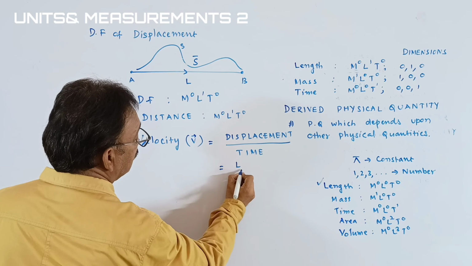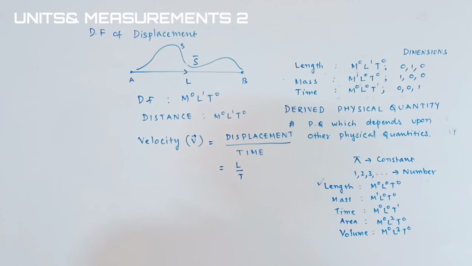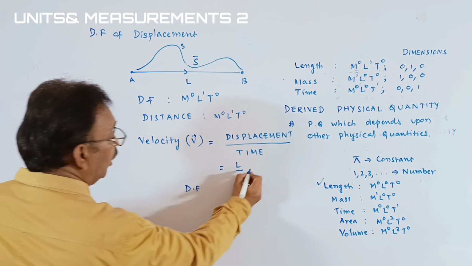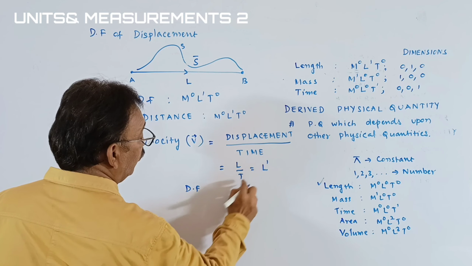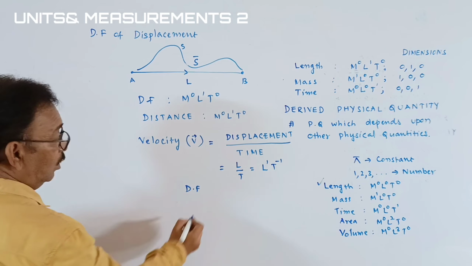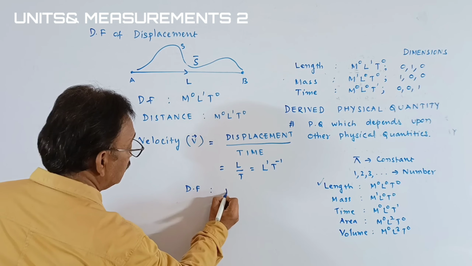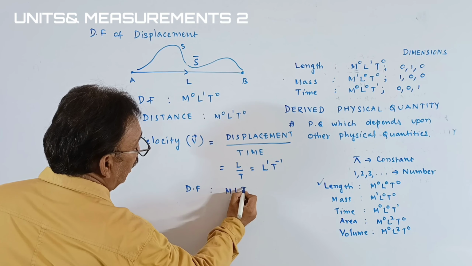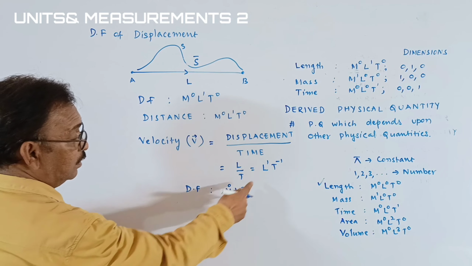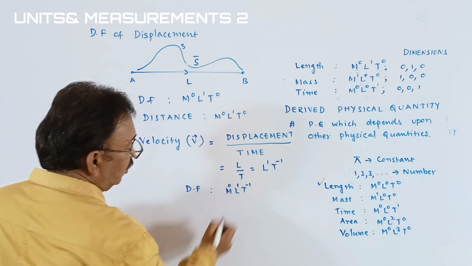Displacement is nothing but length. We have to write it as L upon T. Okay, students, and what is the dimensional formula? It can be written as L power 1, and T inverse. To write the dimensional formula, generally we use the three physical quantities: mass, length, and time. Here, no mass in velocity, but length has the dimension of 1 and time has the dimension of minus 1.